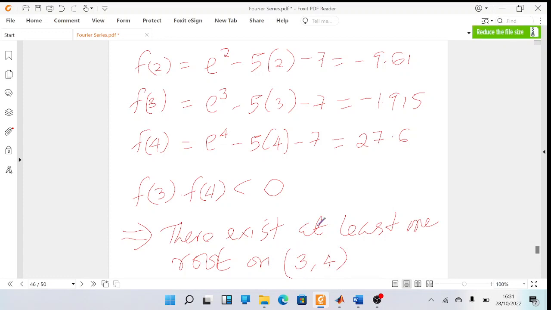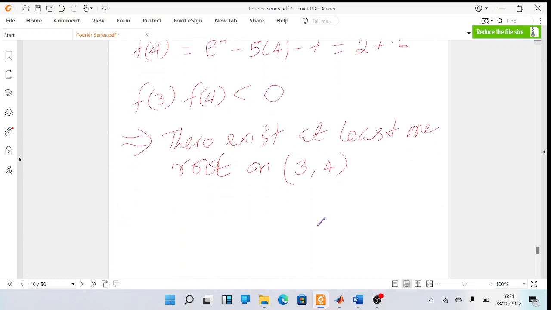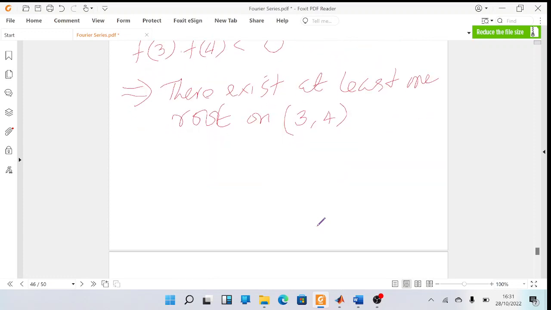So how do we get this root? At this point now we apply the bisection method. So we have the value 3, and then 4. We can call this point A and then this B. So A is equal to 3, B is 4.